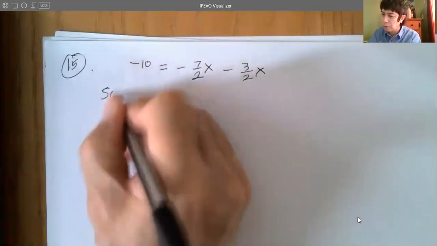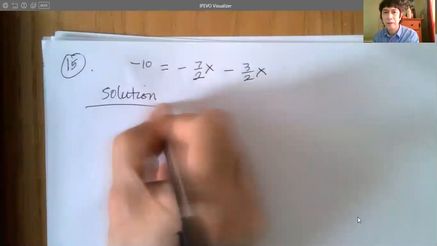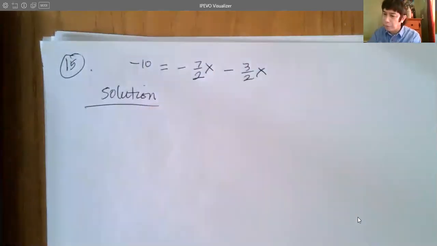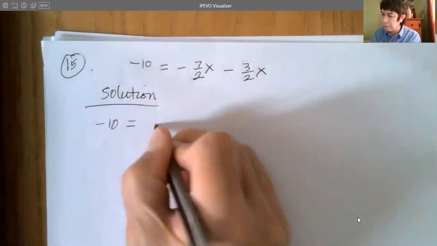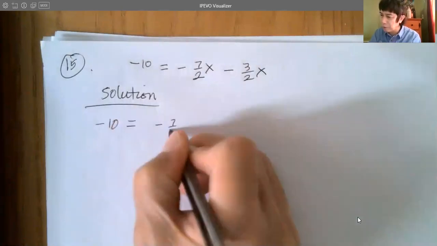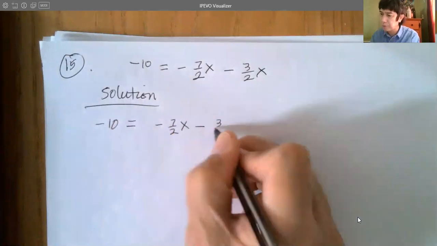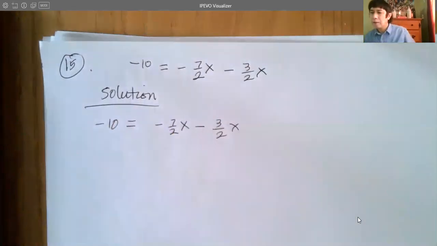Solution. And we write the problem. Negative 10 equals negative 7 over 2x minus 3 over 2x. Now, we can also simplify this in another way.